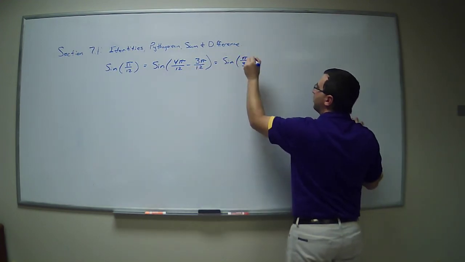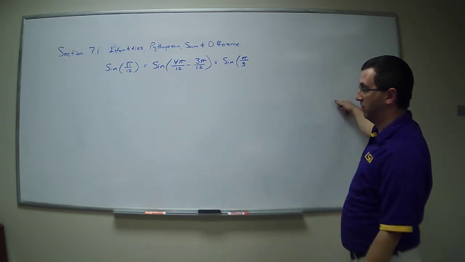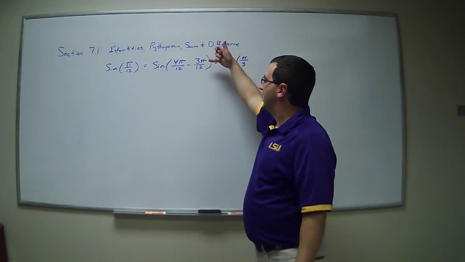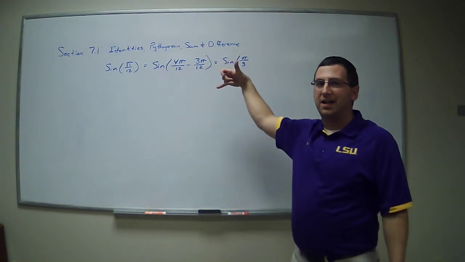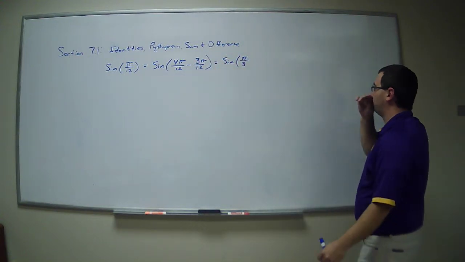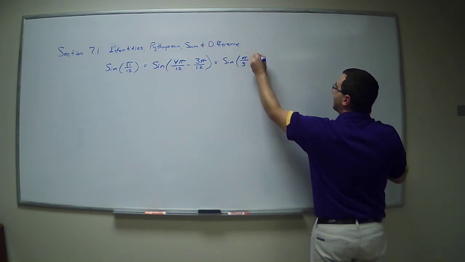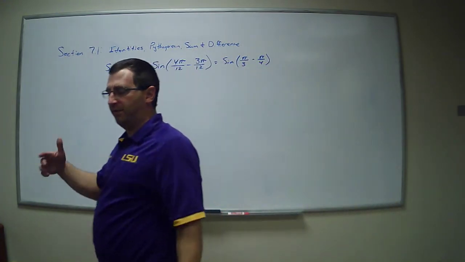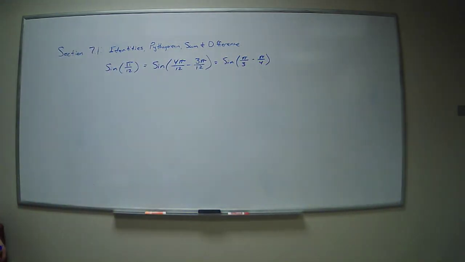That's something we're familiar with in the unit circle, as well as the special triangle. 3 pi over 12 can be reduced because 3 goes into 12 how many times? 4 times. So that means this would be a pi over 4. There we go. These are some formulas that we are familiar with. These are some angles that we see all day long in the unit circle.